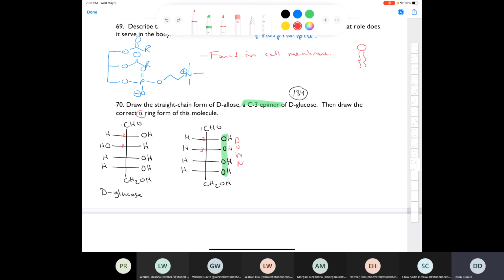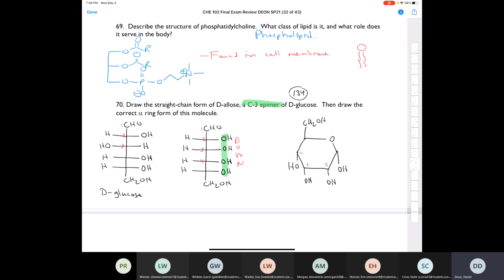Okay, well, if it's alpha and it's the ring, we're going to start by drawing the ring. We have the oxygen in the top right-hand corner. We have CH2OH up here. It's telling us that it's an alpha, so that means the hydroxyl is going to be pointing down. This is carbon 2, this is carbon 3, this is carbon 4. Every single one of those hydroxyls is going to be pointing down, down, and down, like that.